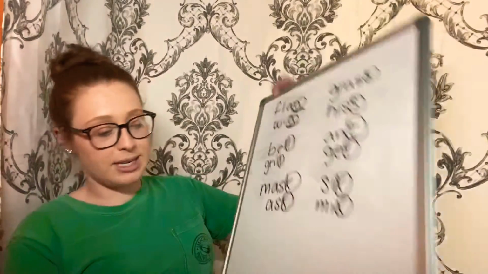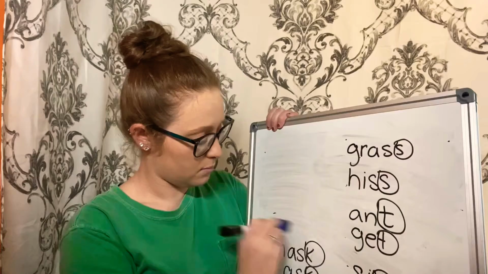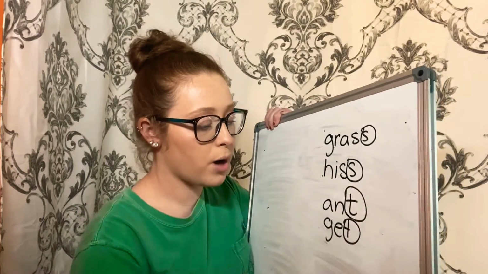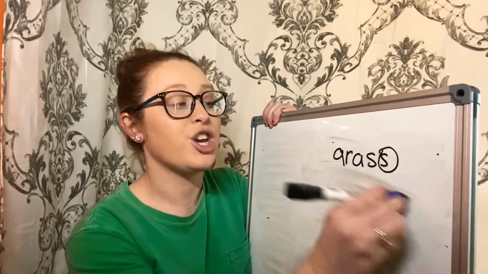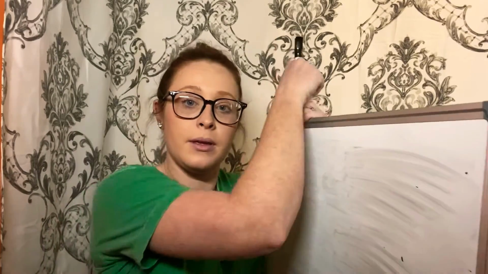Okay, change my mind. We are going to do this on the board. I thought it was something different. Okay, so we're going to be taking our words that they gave us on that first line, and we're going to be changing the ending to make it rhyme.